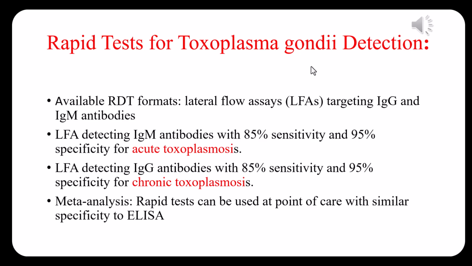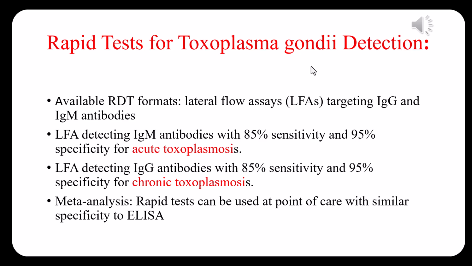If there is disease in the early stage, the IgM gives us 85% sensitivity and 95% specificity. While if there is IgG, which is the chronic toxoplasmosis antibody, it tells us 85% sensitivity and 95% specificity.